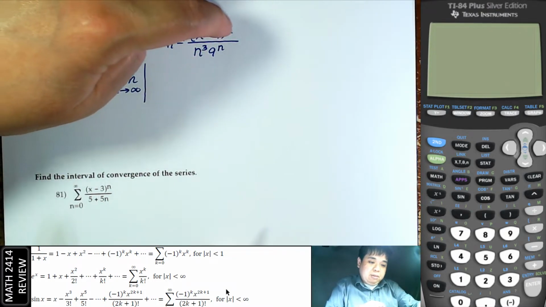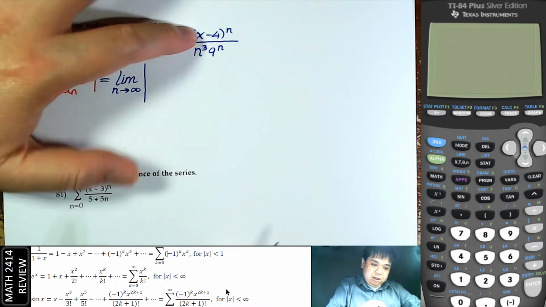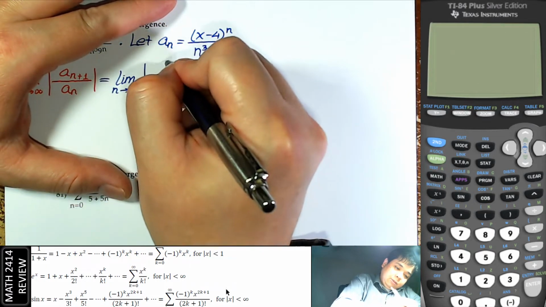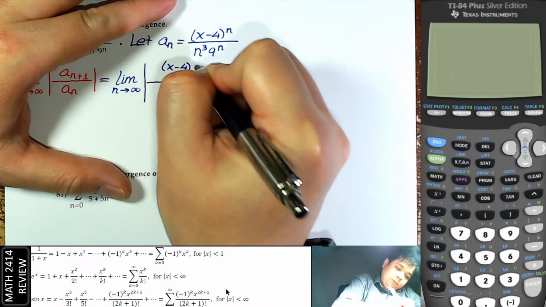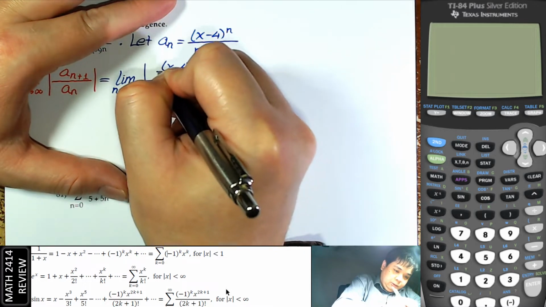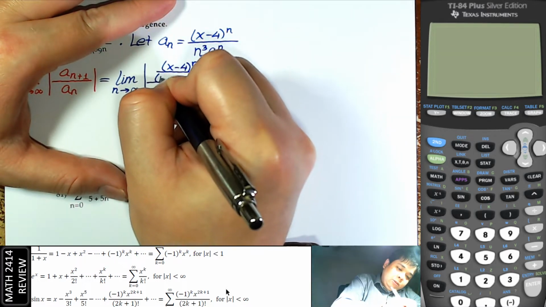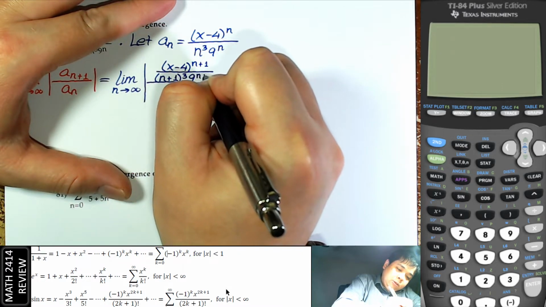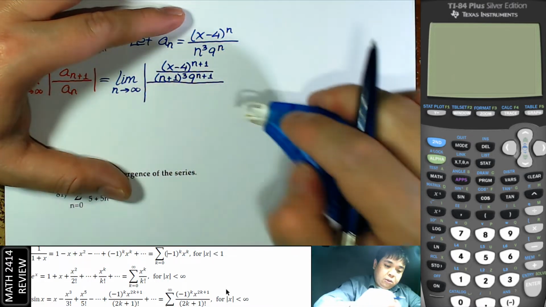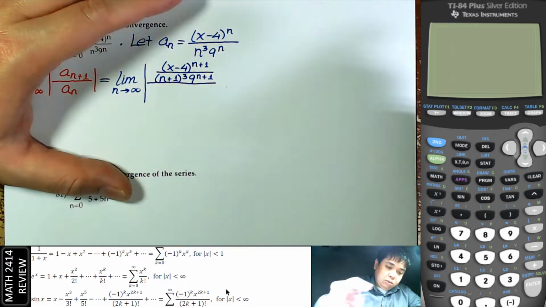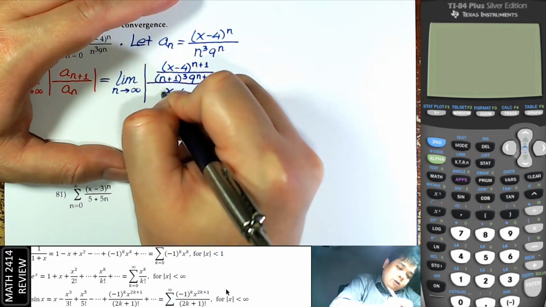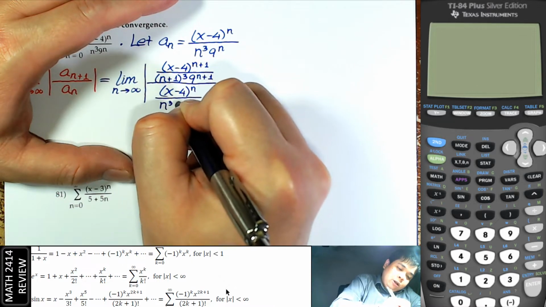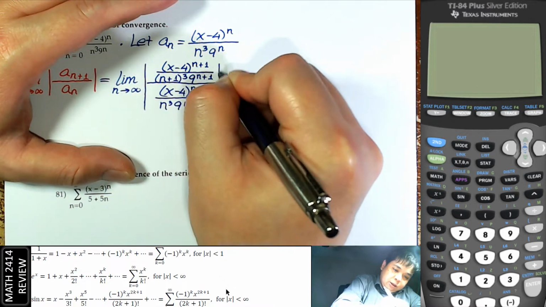For this, at n plus 1, I substitute n plus 1 here, here, and there. x minus 4 to the n over n cubed 9 to the n, with the limit.